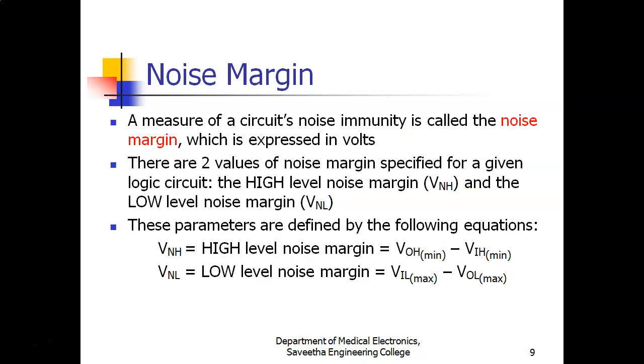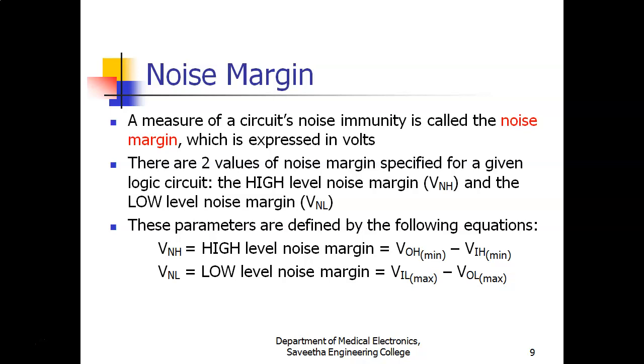Noise margin. So the gap between the high level noise margin and the low level noise margin: VOH, that is minimum output voltage, minus VIH, the input minimum voltage, will give the high level noise margin.